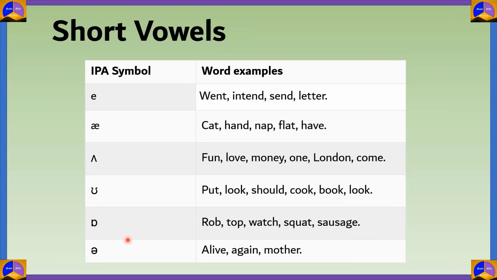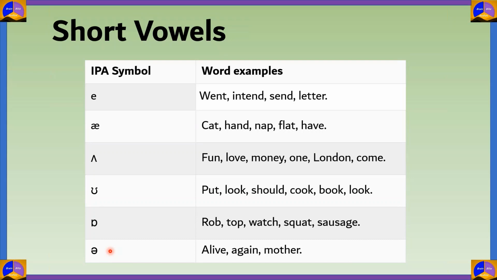The final short vowel mentioned in this table is the most important of the lot, and this symbol, which is kind of like an inverted E, has a special name, the schwa. Now the sixth letter gives you the sound of someone who's burping.